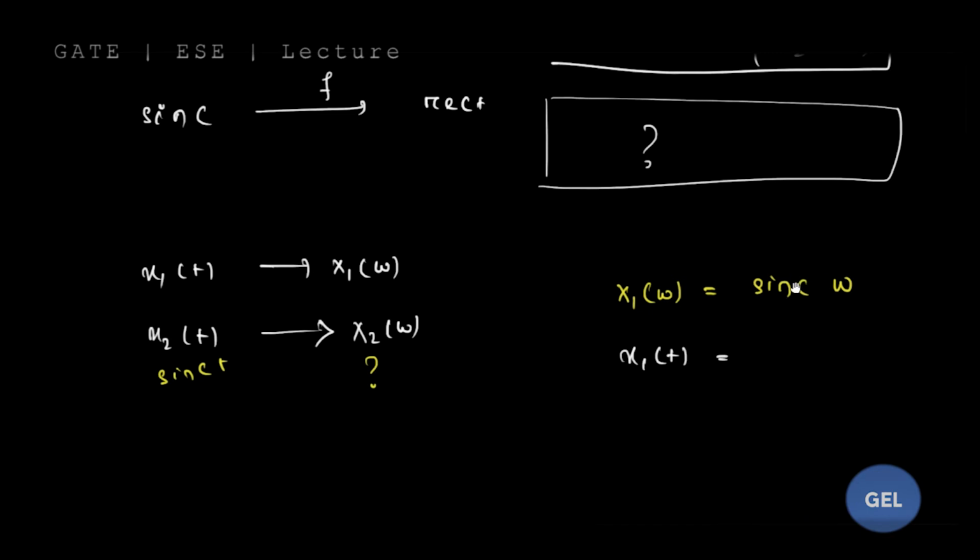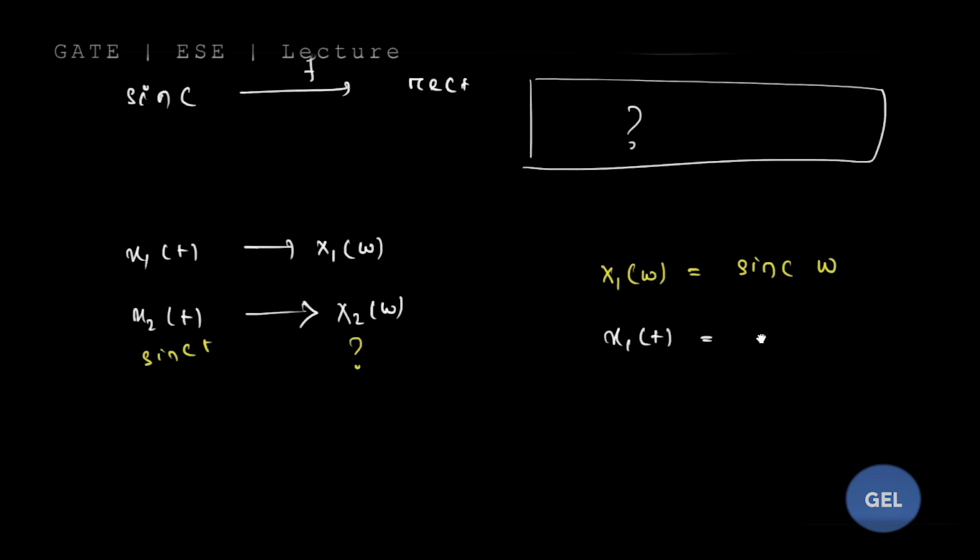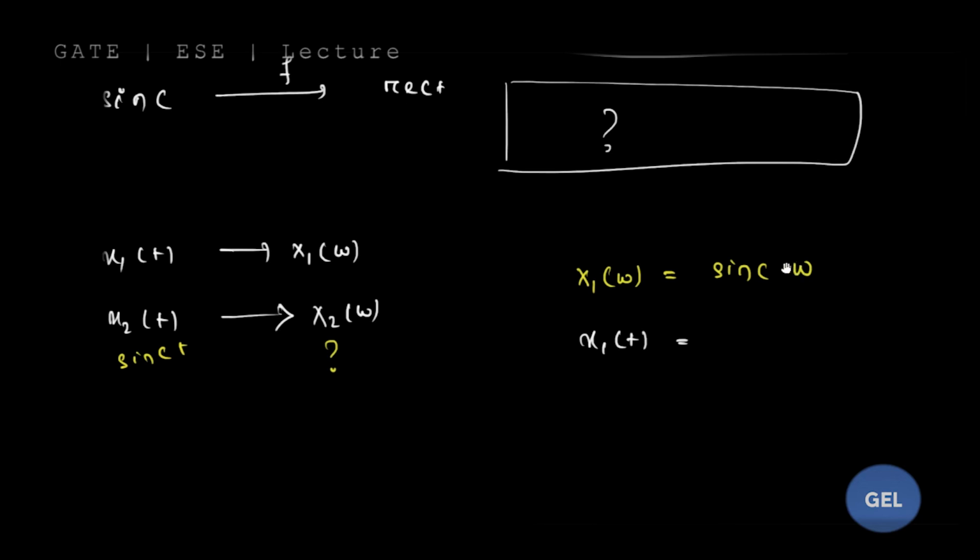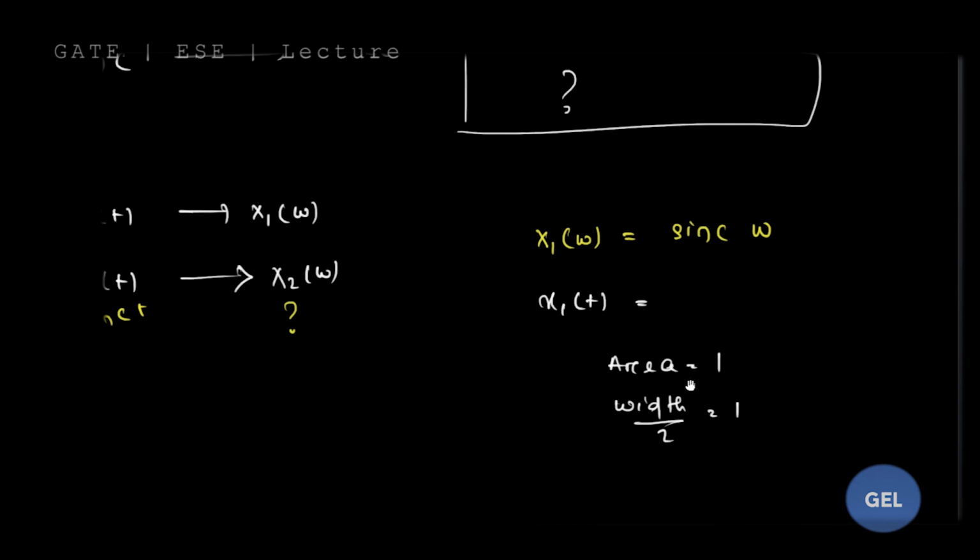You can find it here. This is your area value, and there must be some width by 2. You can see here the area is 1 and width by 2 is given as 1. So from here you can guess the area is 1, so this is a rectangular pulse such that the area is 1. Let's take the magnitude 1. That means it must go from minus 1 by 2 to 1 by 2, and width by 2 is 1.